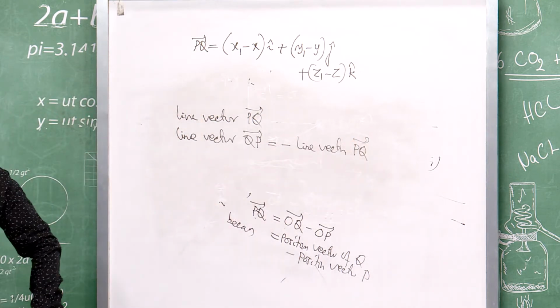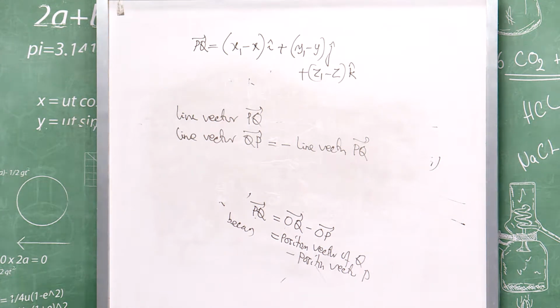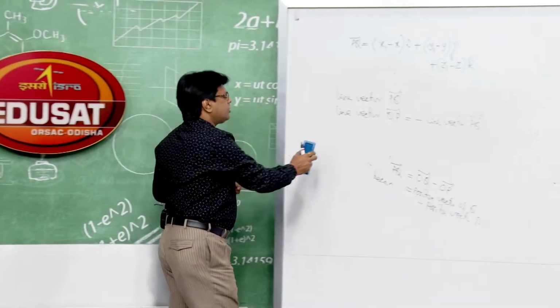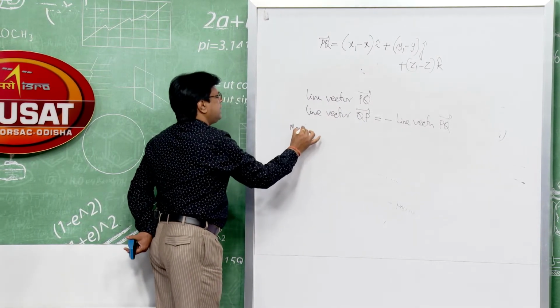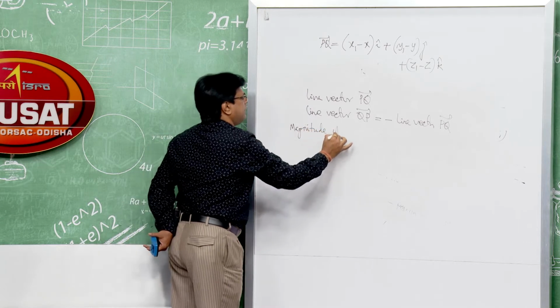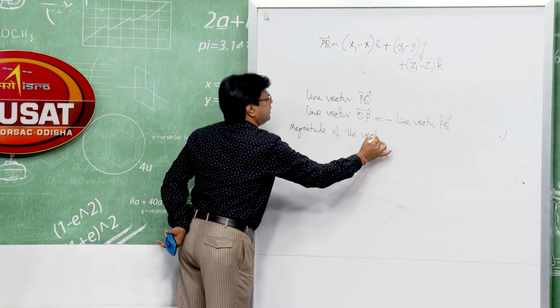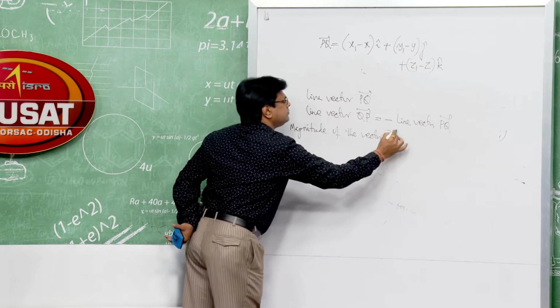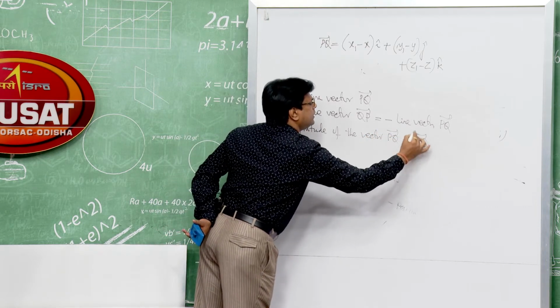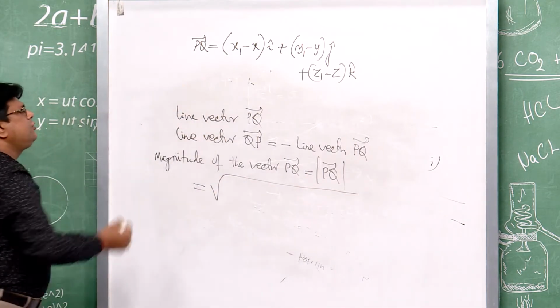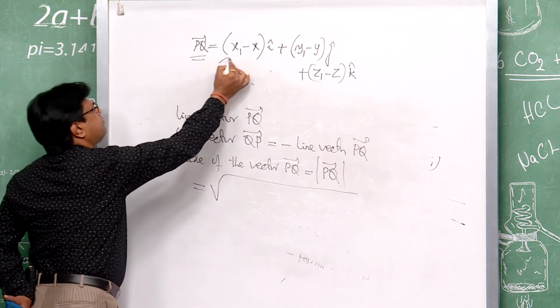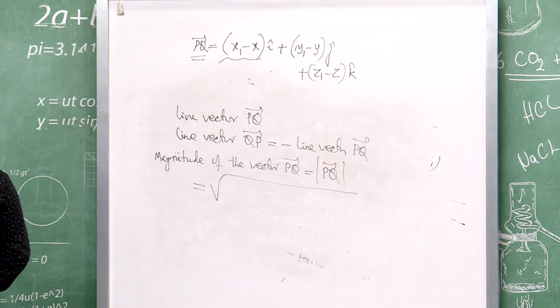Then what is the magnitude of this PQ? Then come to magnitude. The magnitude of the vector PQ is the root over of the components. The PQ vector components are x1 minus x, y1 minus y, and z1 minus z as the z component.